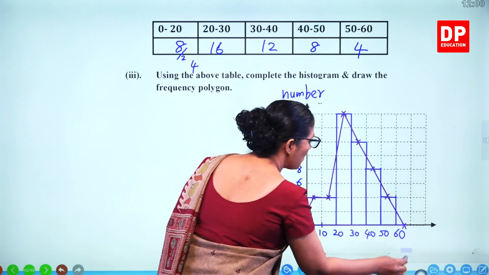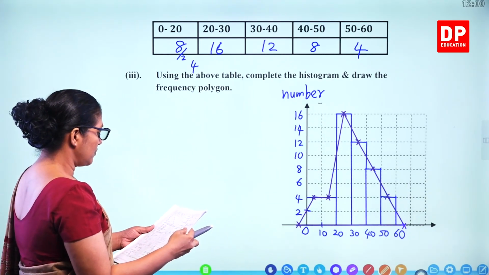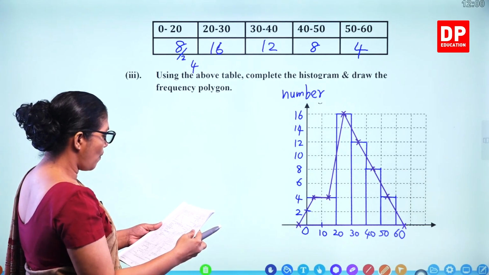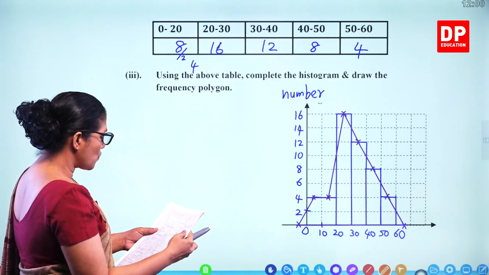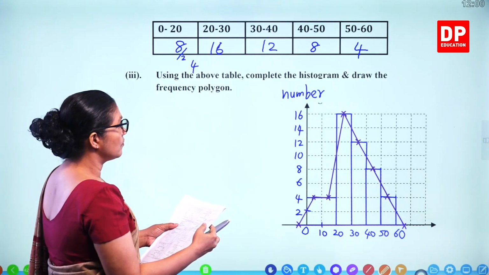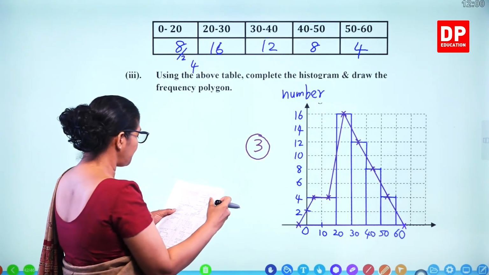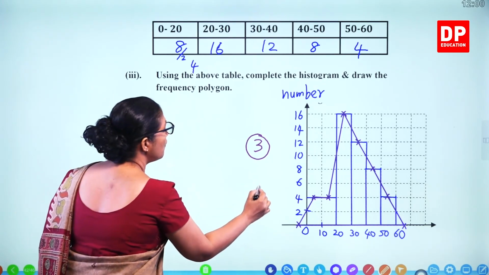So we'll see how many marks for that. Four, and you get 3 marks for the histogram and 2 marks for the frequency polygon.